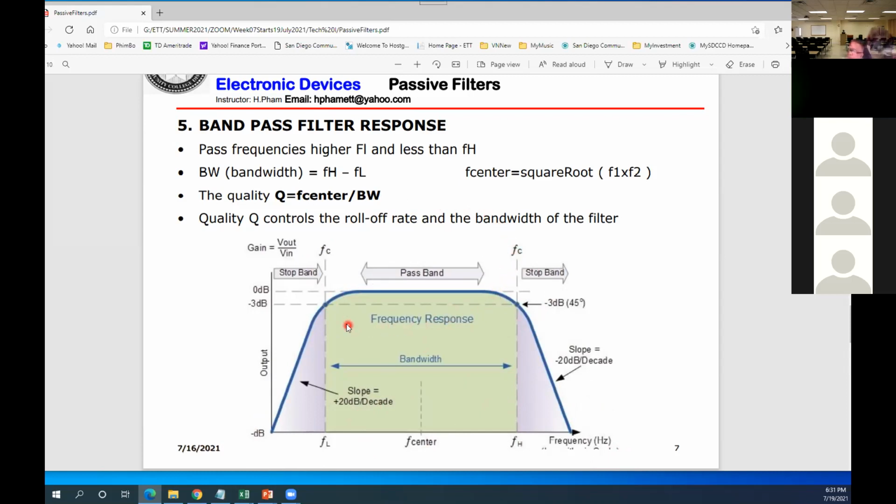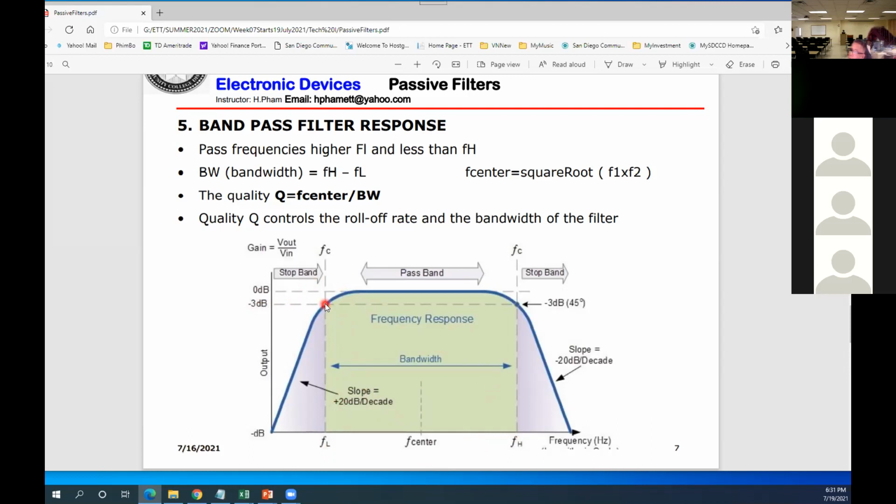Now, the band pass filter passes frequencies higher than F low and less than F high. Basically, for this band pass filter you get two cutoffs, one low frequency and one high frequency, at the minus 3 dB points.